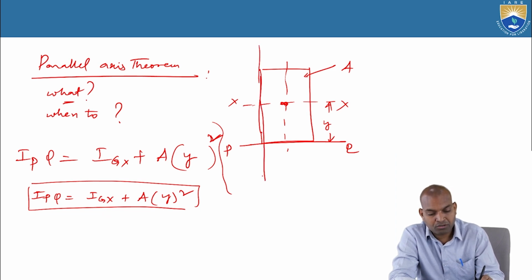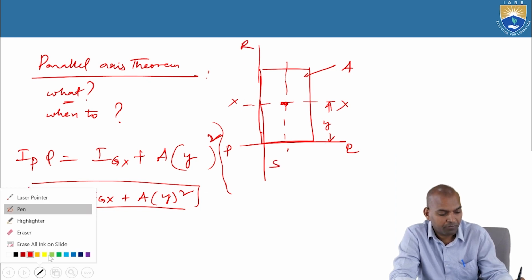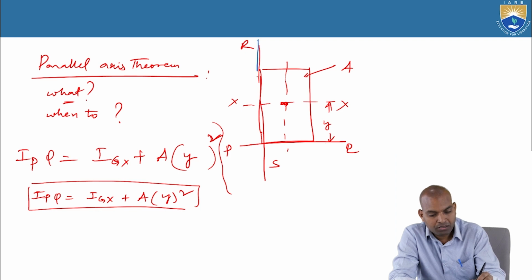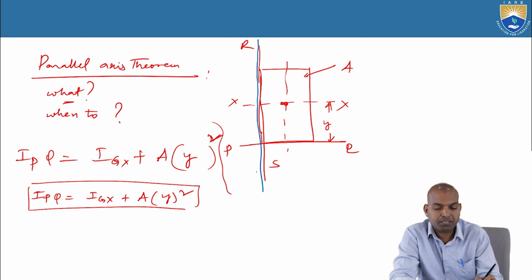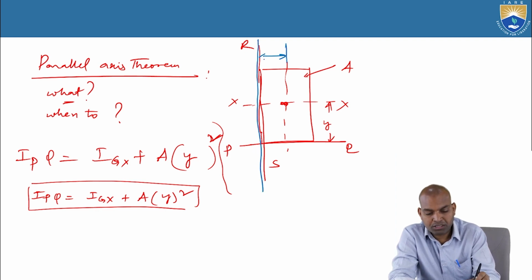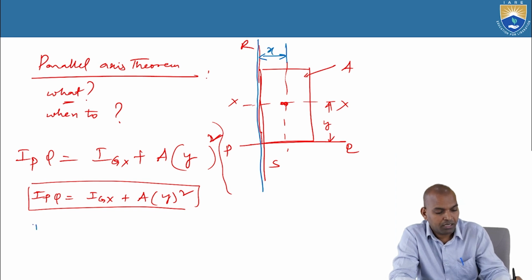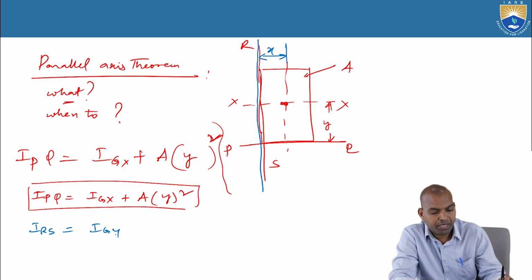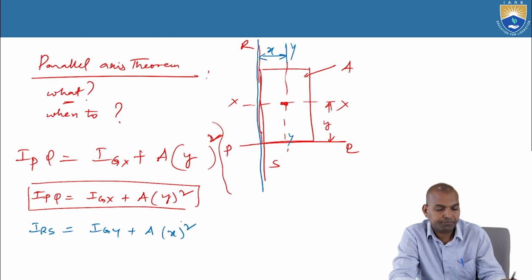If you want to find the moment of inertia about the line RS, we have to know the distance x, then IRS equals IGY, because of the vertical axis YY, plus area times x square.